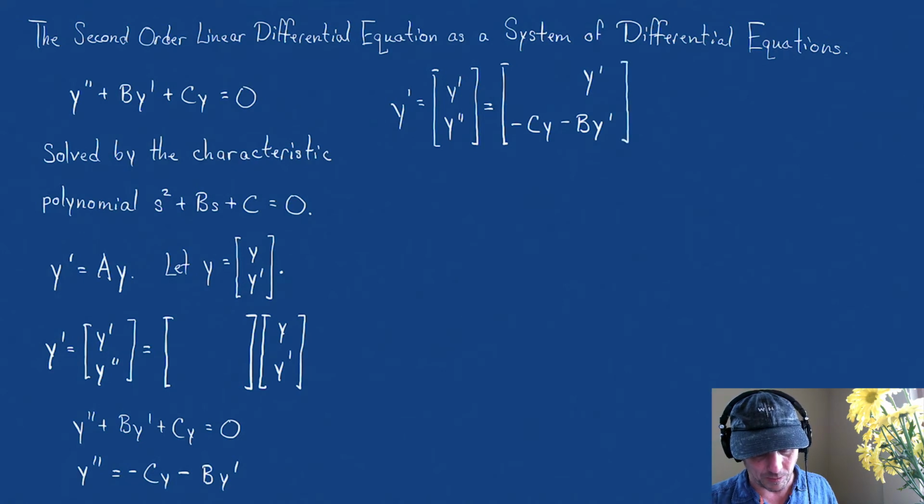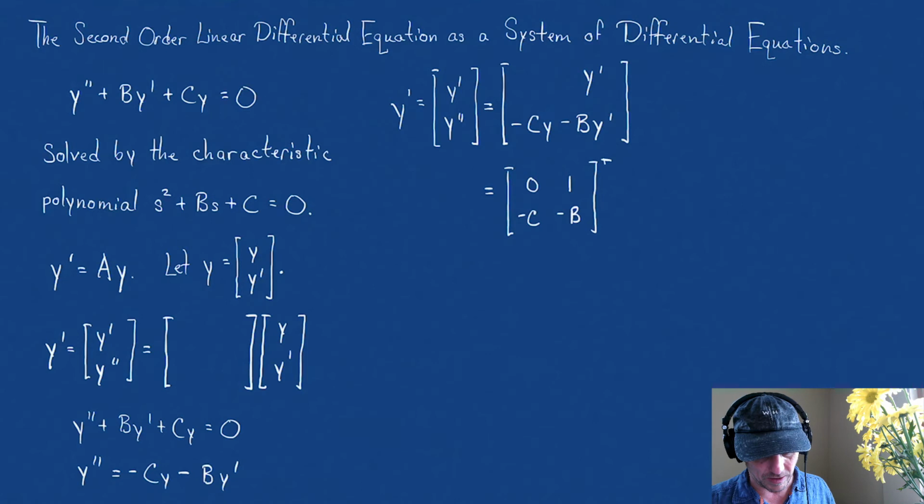Now, I'm writing it this way by design because look at what it is. The y and y prime, those are the weights, if you will. So if you think of it this way, this is really the matrix where my first column vector is 0, minus c. My second column vector is 1, minus b.